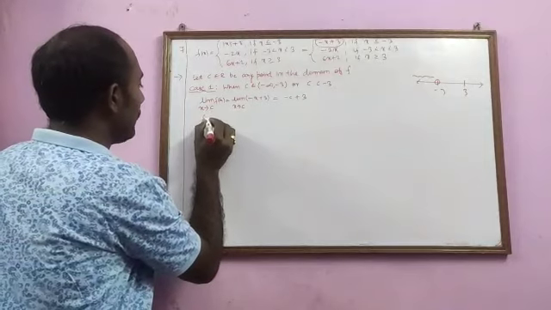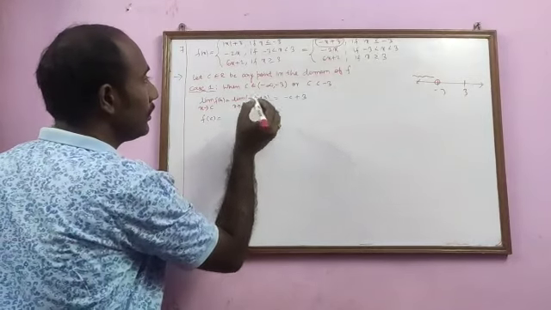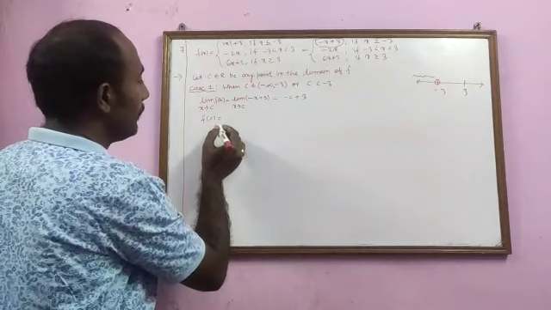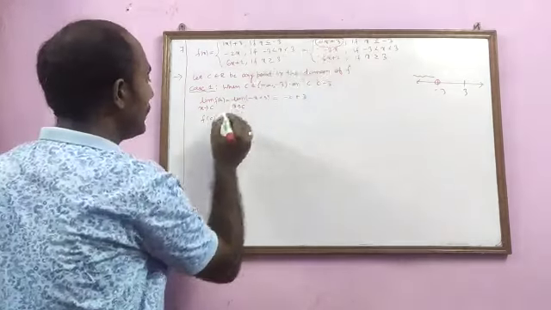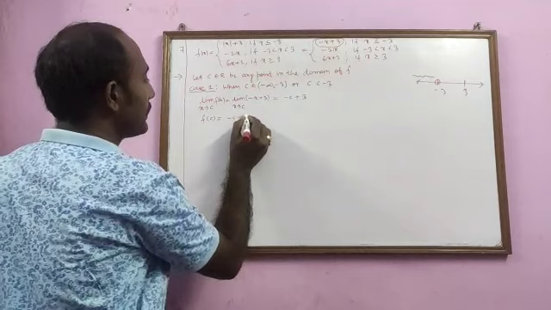Now we will calculate f(c). f(c) is equal to the value of the function when c is less than minus 3, that is minus c plus 3.